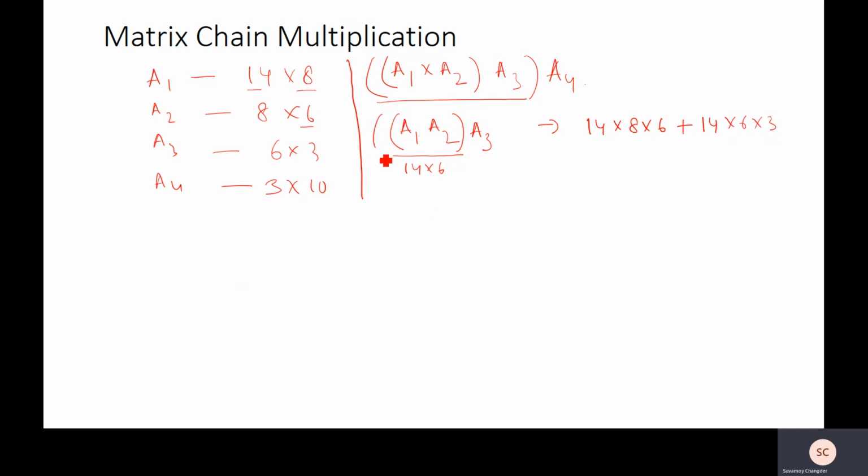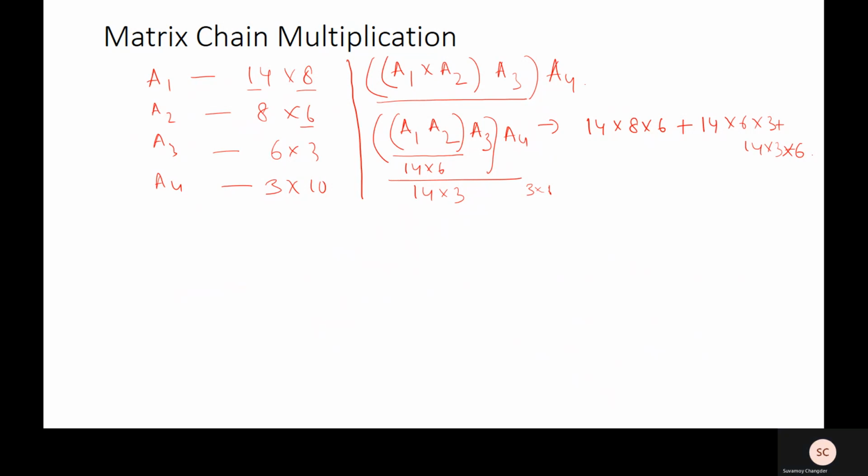Now if we multiply this with A4, what will happen? The dimension of this is 14 cross 3, and this is 3 cross 10. So it will be plus 14 into 3 into 10. So this will be the total number of multiplications required if we multiply A1, A2 first, then with A3, then with A4. That means recursively.